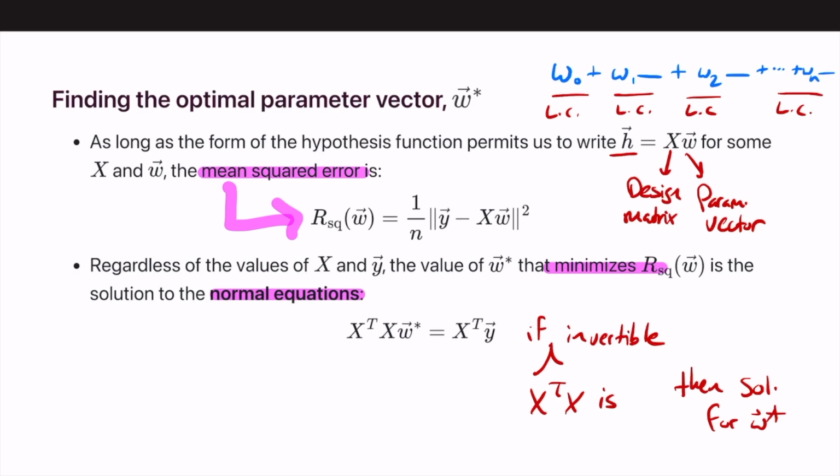If not, we get infinitely many solutions. But that's the important thing to take away from this. We have this new idea of mean squared error. We're able to do this if we can define a hypothesis vector, which is a design matrix and a parameter vector. If we can do that, then we can solve for the normal equations.